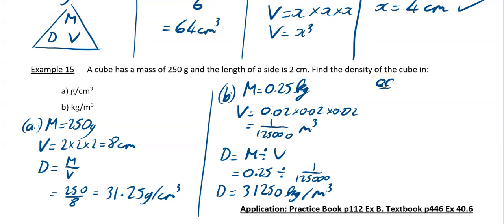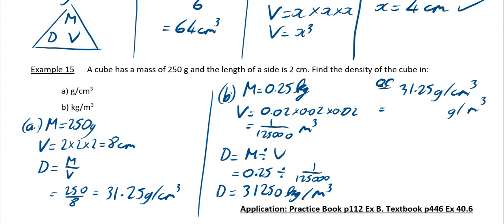Okay, there is also another way of doing this question. Our answer to part A gave us 31.25, and that was grams per centimeter cubed. What we could do then is convert that, first of all, into grams per meter cubed.